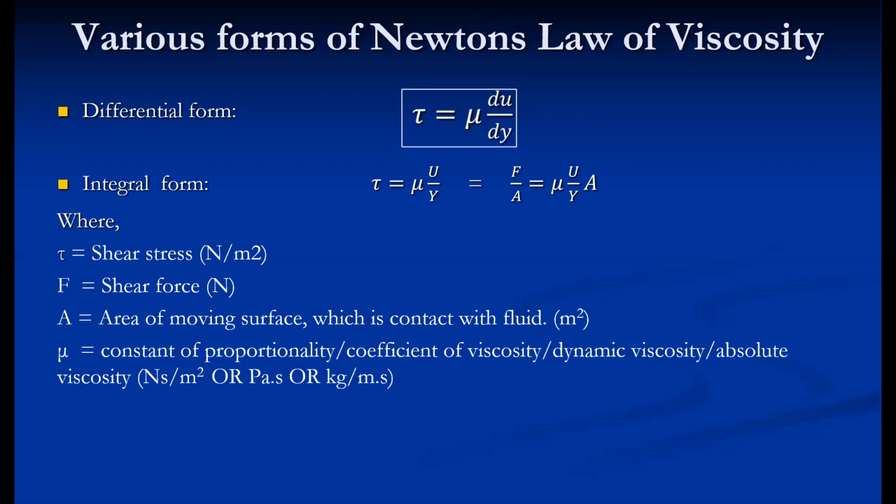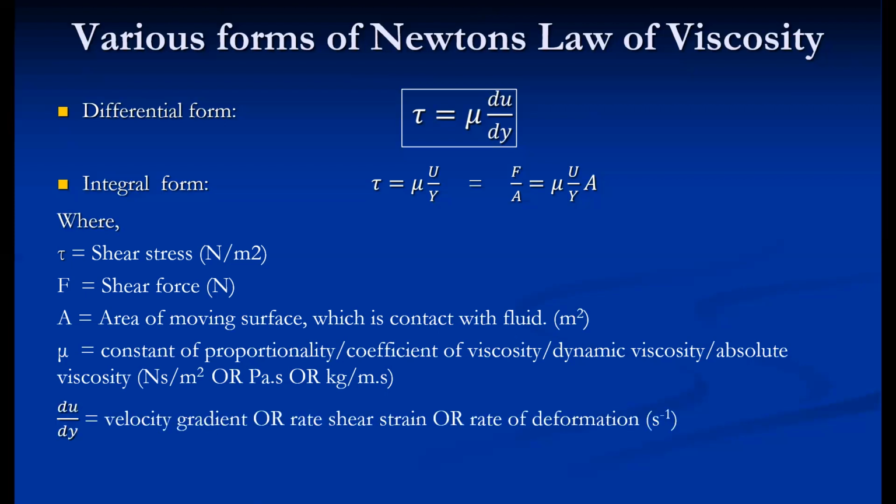It is also called absolute viscosity. Its SI unit is Newton second per meter square, or Pascal second, or kg per meter second. Generally, we have to memorize these different forms of unit, because all have the same unit.